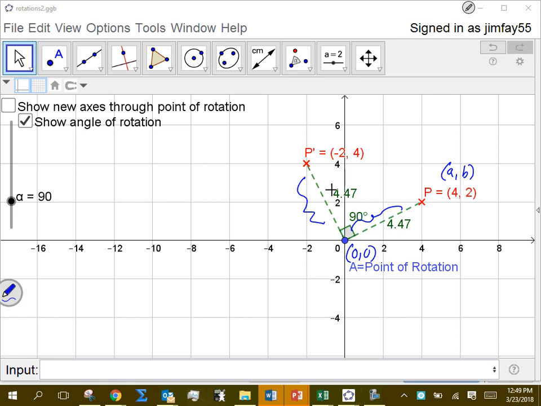And I should be able to write an equation for this line and then know that I need to move out on that line essentially 4.47 units, which I could find using the distance formula, to find the location of that point in regards to its A and B. But that's way outside the scope of this class, and probably outside the scope of mini Algebra 2 classes.